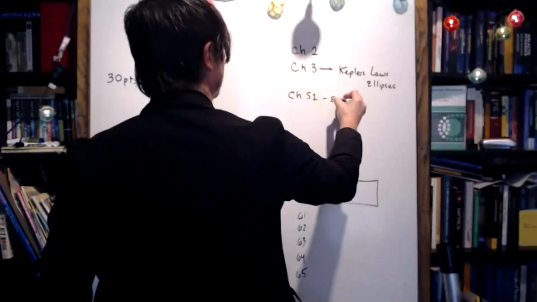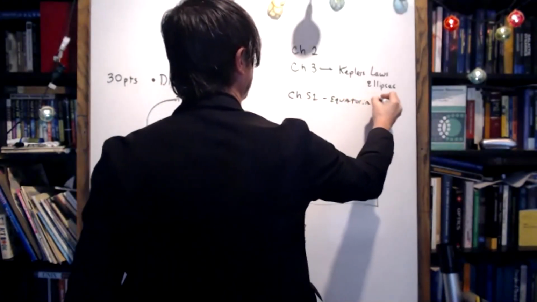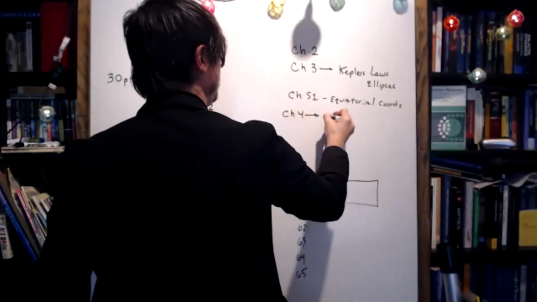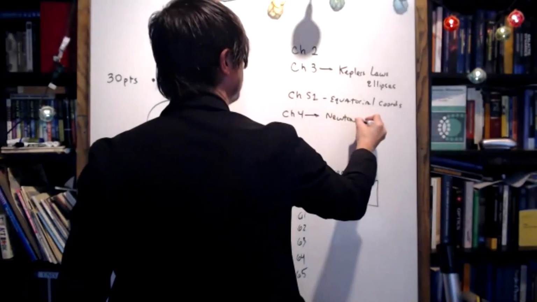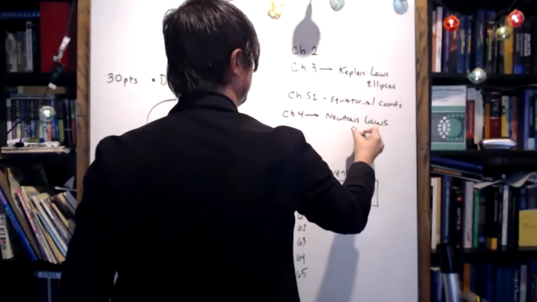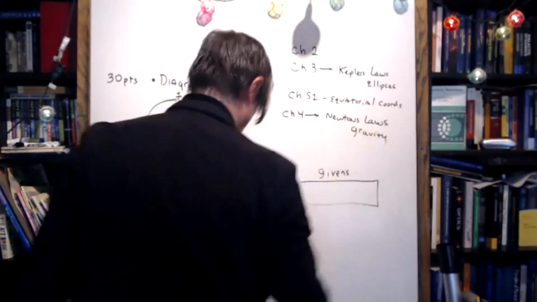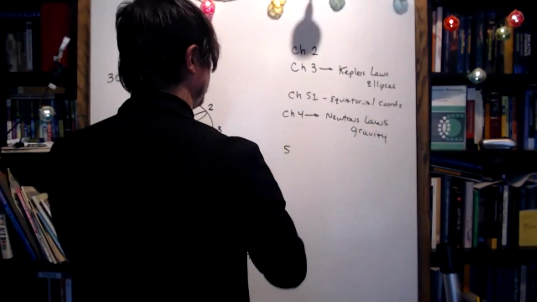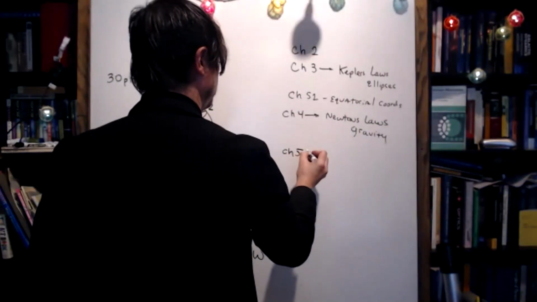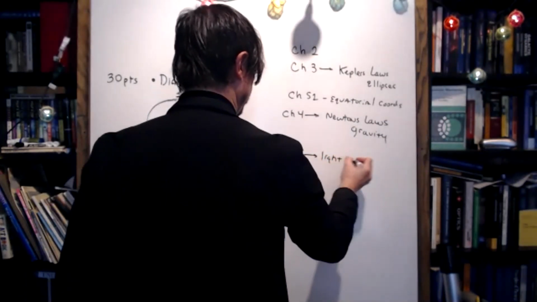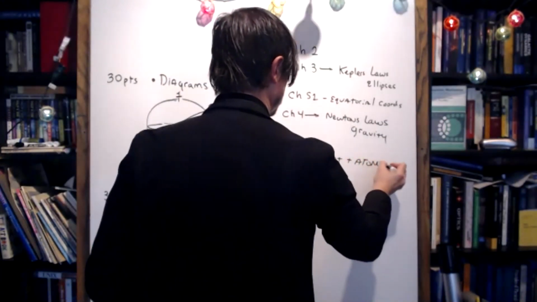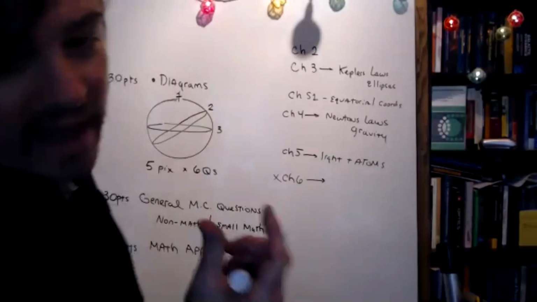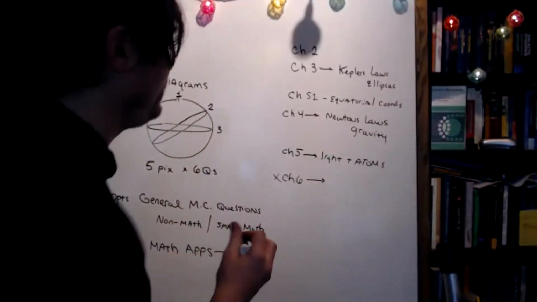chapter S1, all we need is the equatorial coordinates. Chapter 4 is on Newton's laws and gravity. Chapter 5 is on light and atoms. Chapter 6 we did not cover, but there are 2 mathematical insights or 2 formulas that we need.